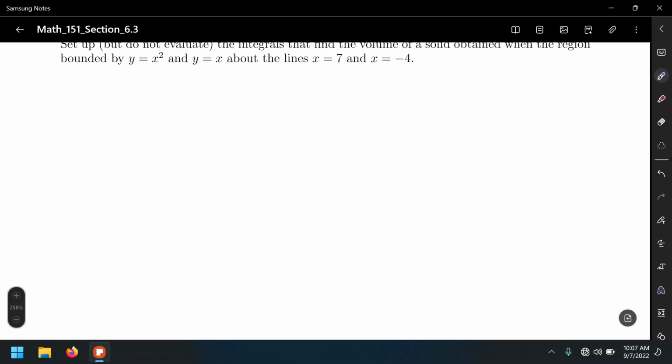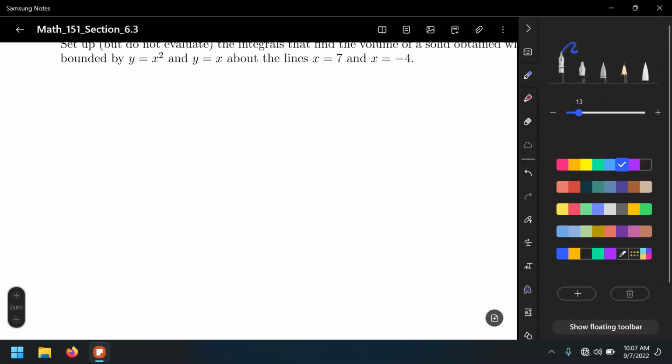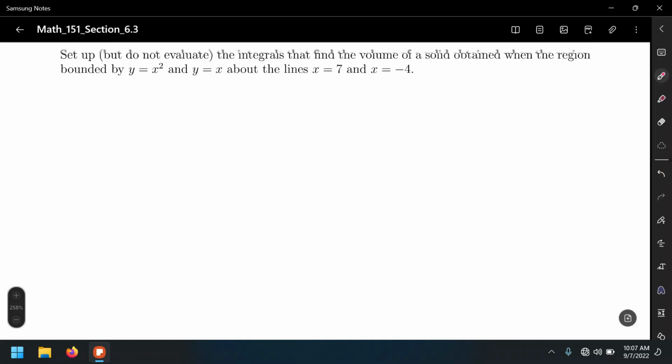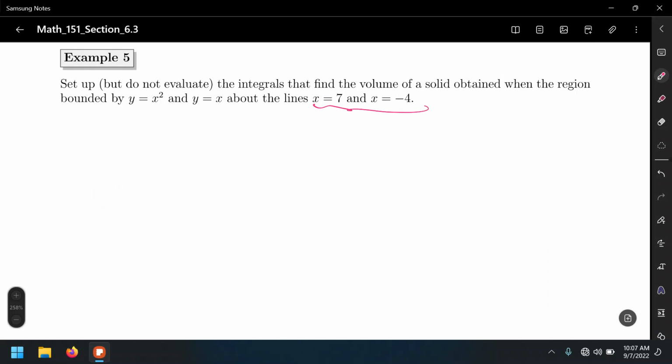So what are we going to have in this case? We're going to have a vertical axis of rotation, which in this case is going to ask us to use functions of y. Let me point that out over here.